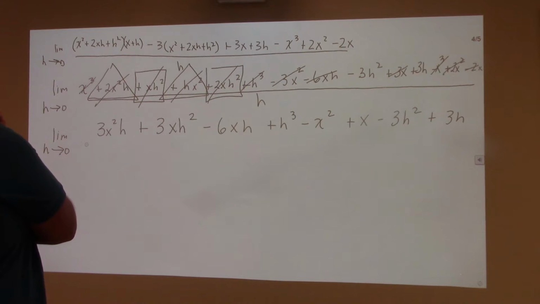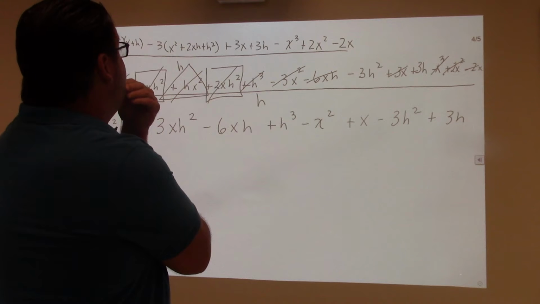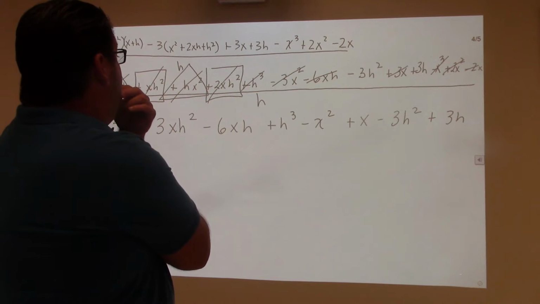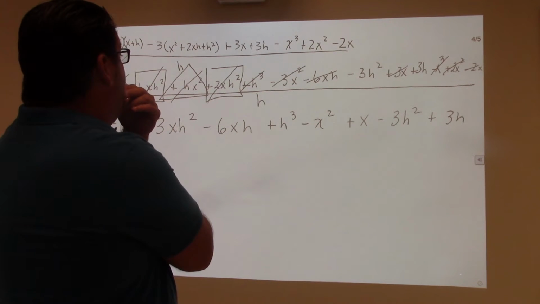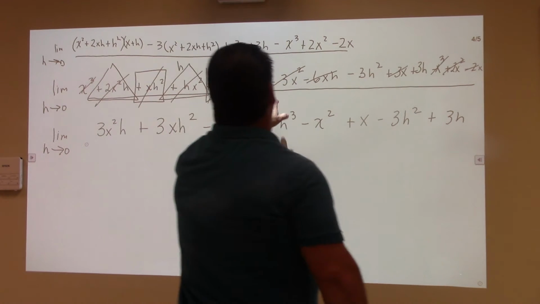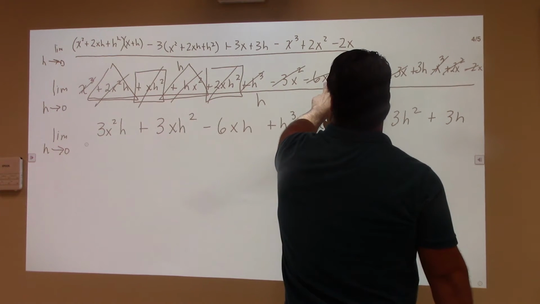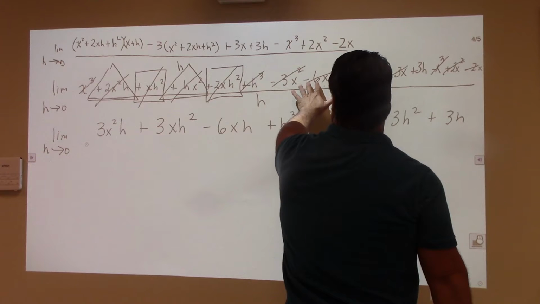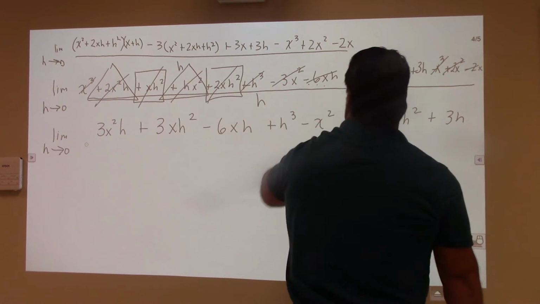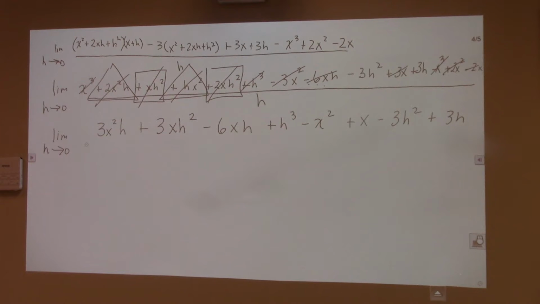Did you accidentally flip the signs? I probably could have. Somewhere. Because I got positive 3x squared minus 6x. I did too. Positive 3x squared minus 6x right here. Is that what you're talking about right here? I don't know, but around that.